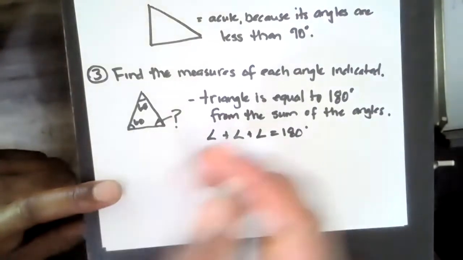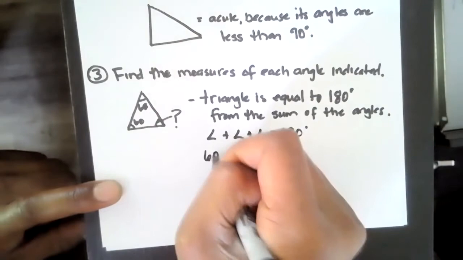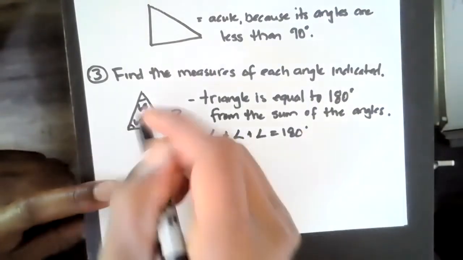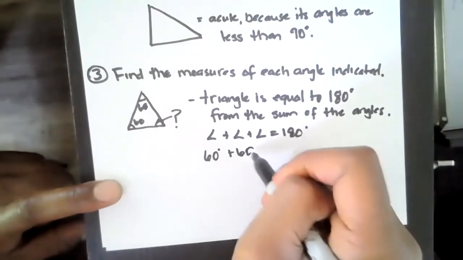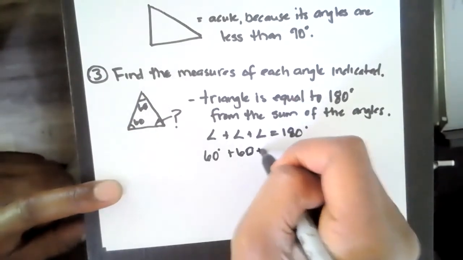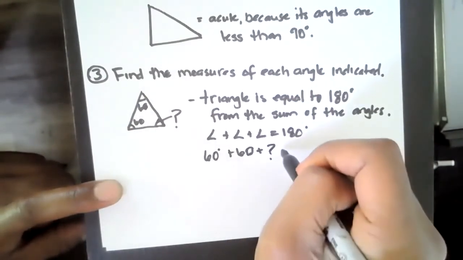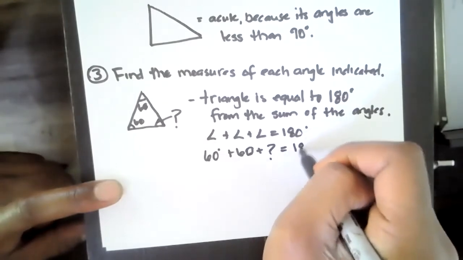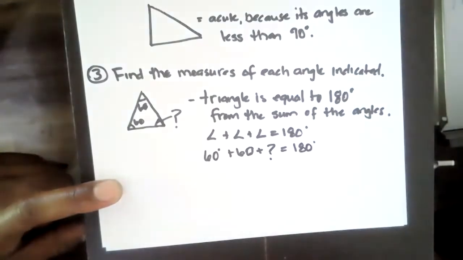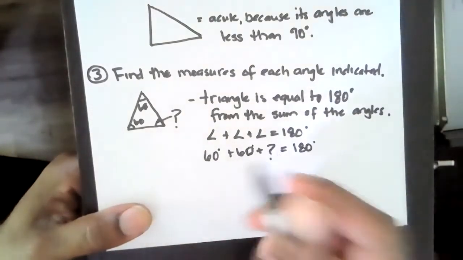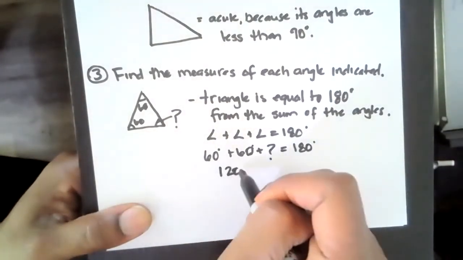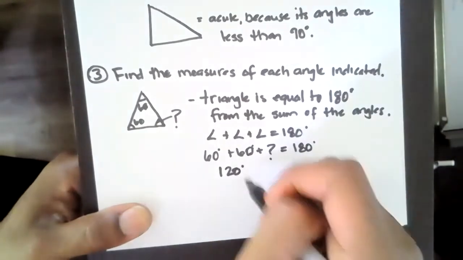So we have an angle plus an angle plus an angle is equal to 180, right? What angle do we have here? 60. What angle do we have here? Plus another 60, plus an angle we don't know, equal to 180 degrees. We know that 60 plus 60 is 120.